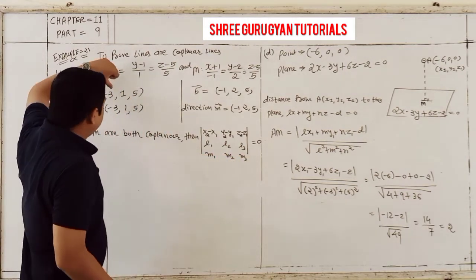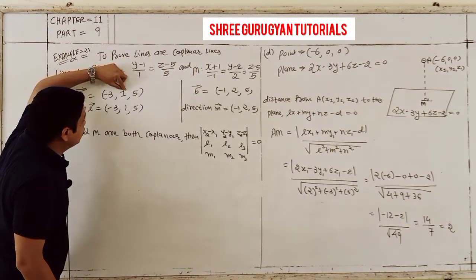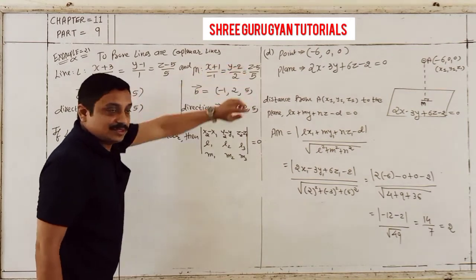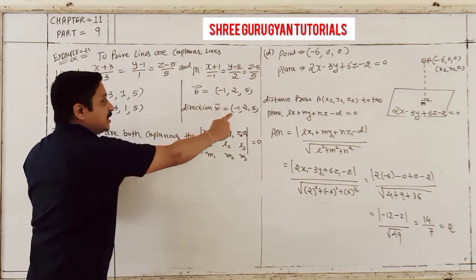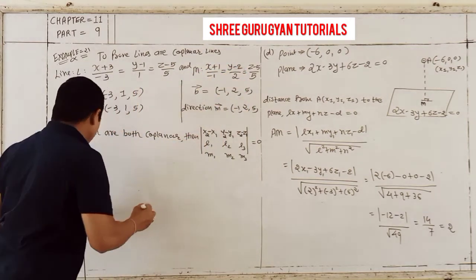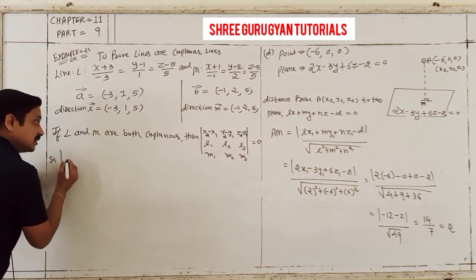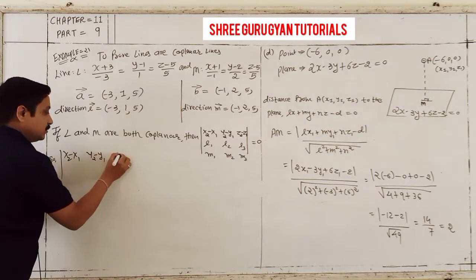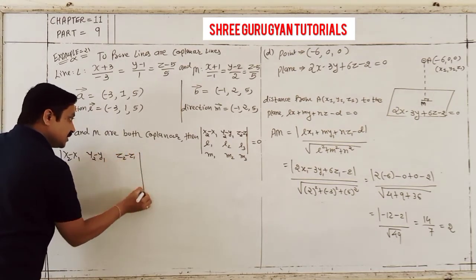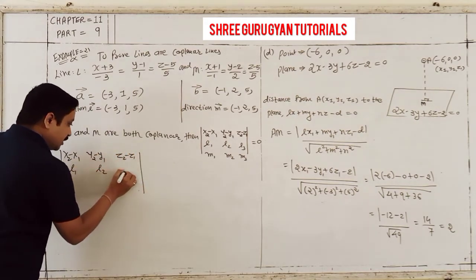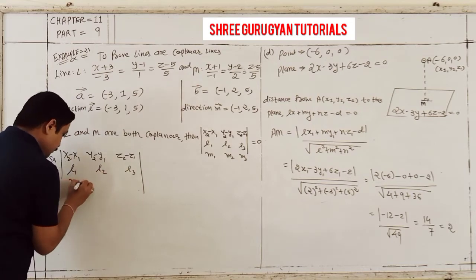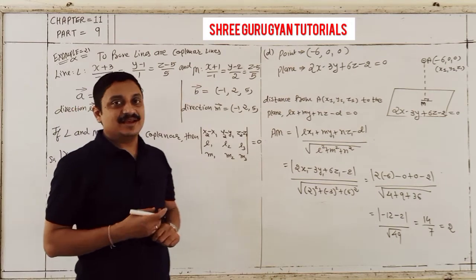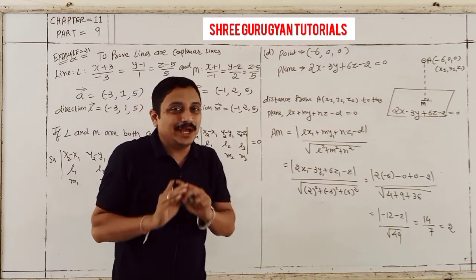Please consider your x1, y1, z1, x2, y2, z2, that is your l1, l2, l3, m1, m2, m3. So I will start from the bottom easily. Apply the values and prove anyhow.